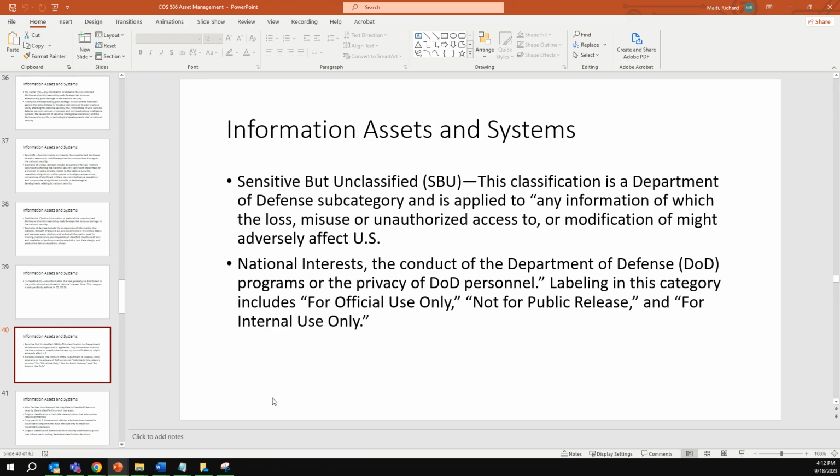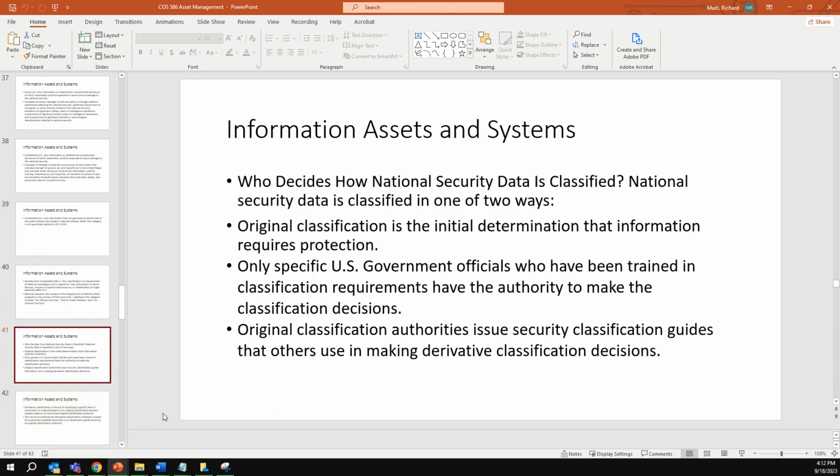So they're sensitive, but they're unclassified. So who makes these decisions? So who decides how national security data is classified? So the national security data is classified in one of two ways. Original classification is the initial determination that information requires protection.